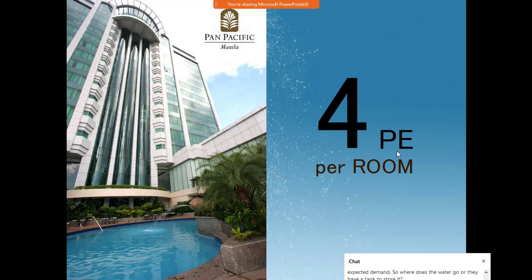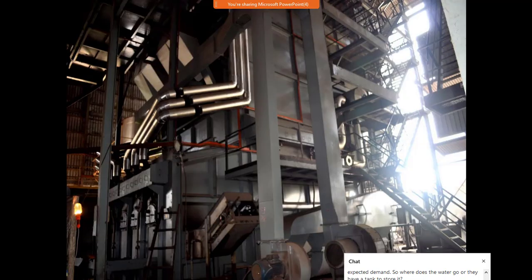After that we can add together hotels, hospitals, residential areas, houses, schools, universities, offices. In that way we can add all the PEs together, and we come out with one total PE for the whole city.